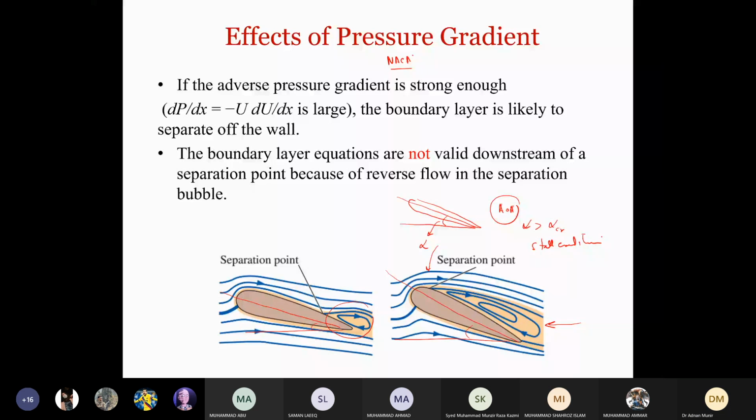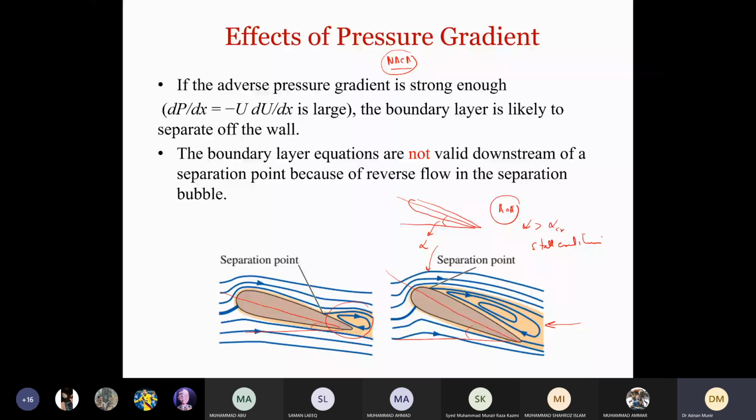Okay, now when we have stall condition, we normally test these aerofoils inside the wind tunnel to see how the forces will change when we increase the angle of attack. The two types of forces that we are interested in are the lift force and the drag force, as we all know, right?